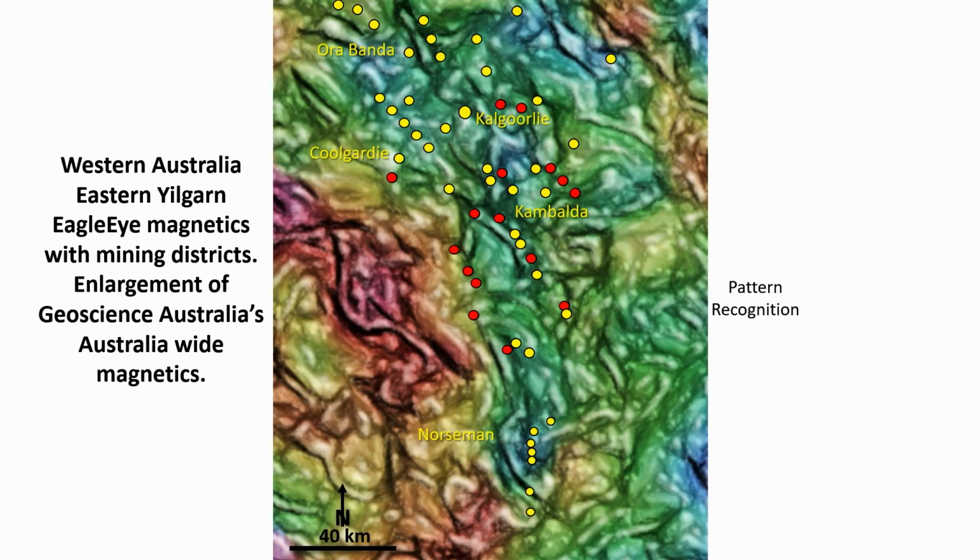Then we went from there, we're down to the eastern Yilgarn, from Ora Banda now down to Norseman. So we've enlarged up and we've used pattern recognition on that, all from the same original image. We're now starting to see the mine starting to line up with structures.